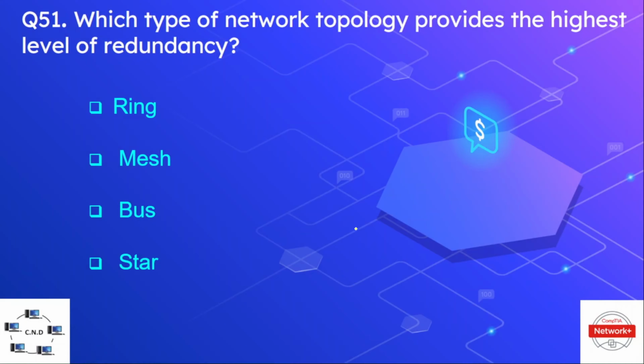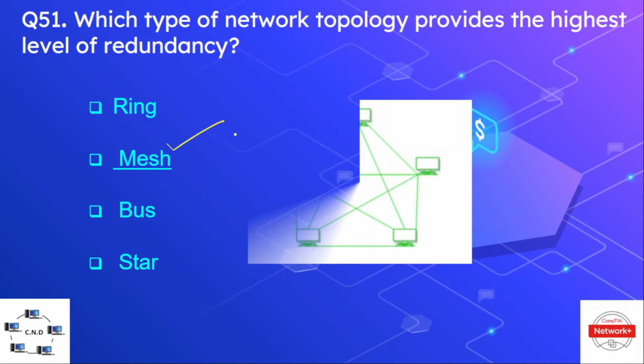Question number 51 is that which type of network topology provides the highest level of redundancy? And the options are ring, mesh, bus, and star. And the correct option is mesh, because in mesh every device is connected to every other device.